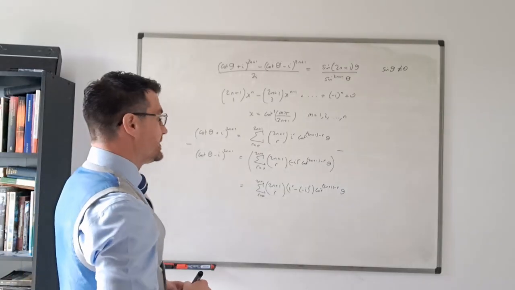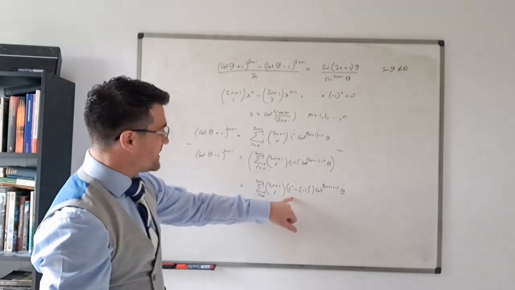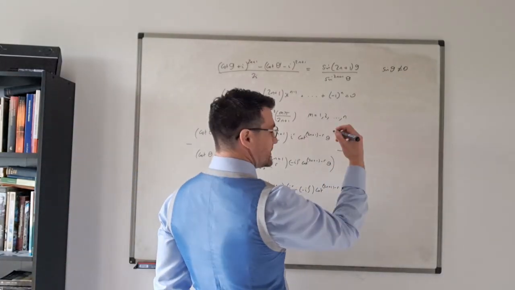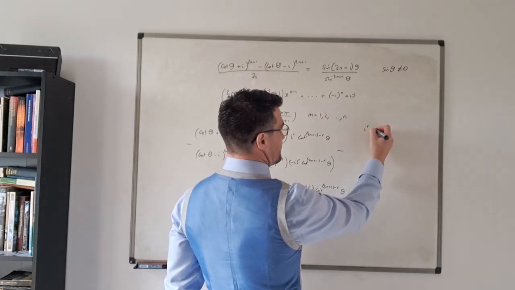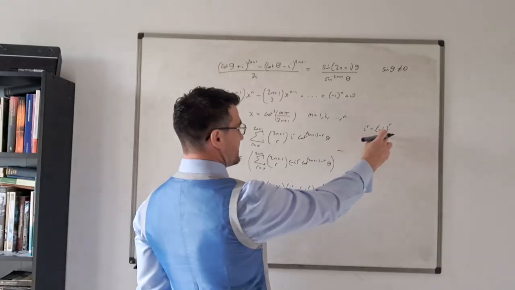Easy peasy. Right, so what I need to do is I really want to sort this thing out here. Okay? So let's have a look at just some powers of i and powers of minus i.